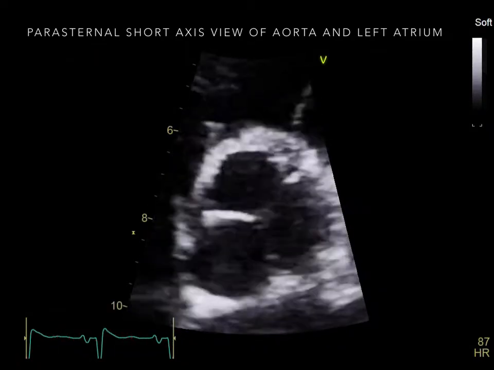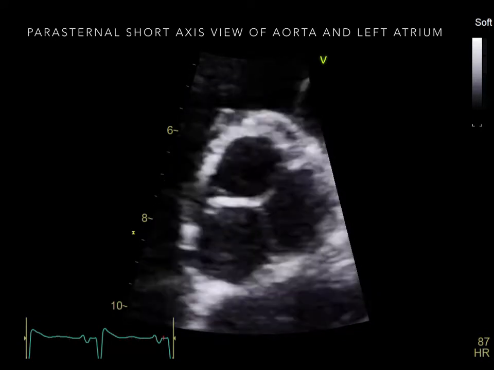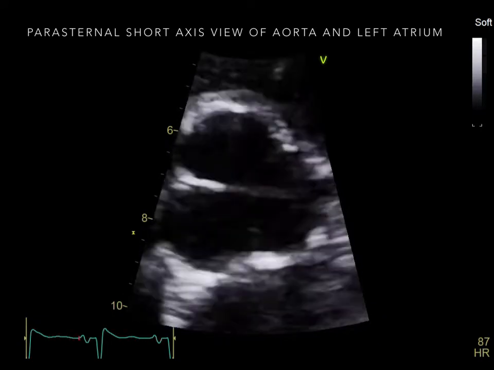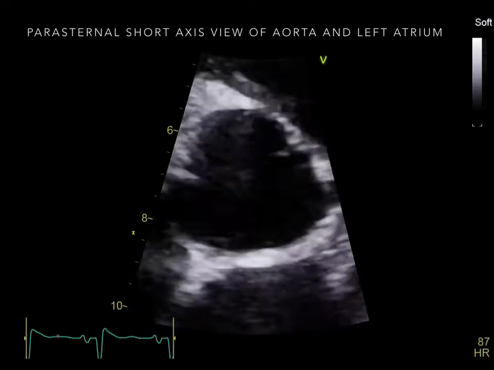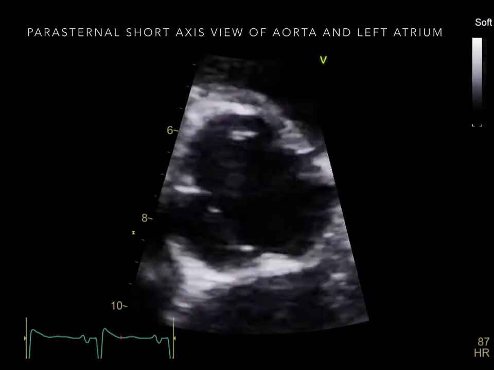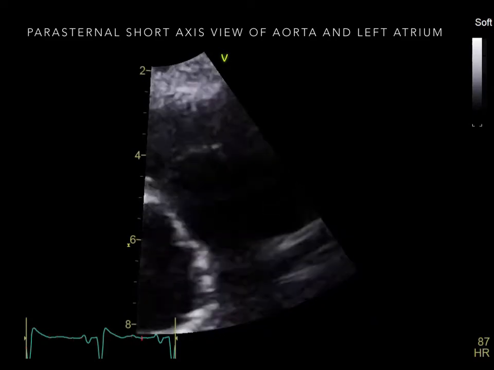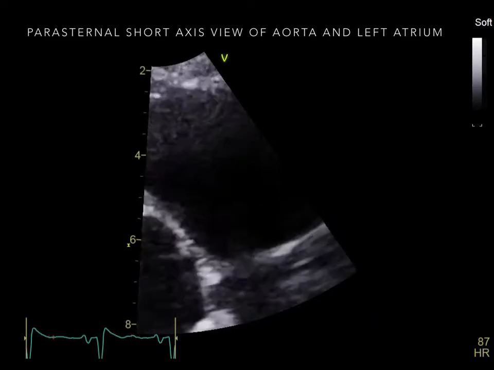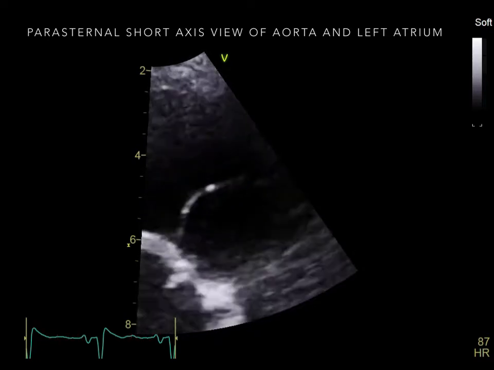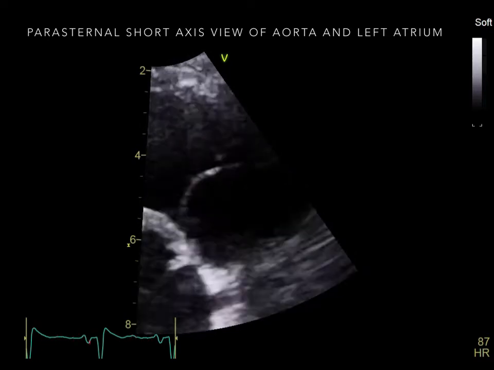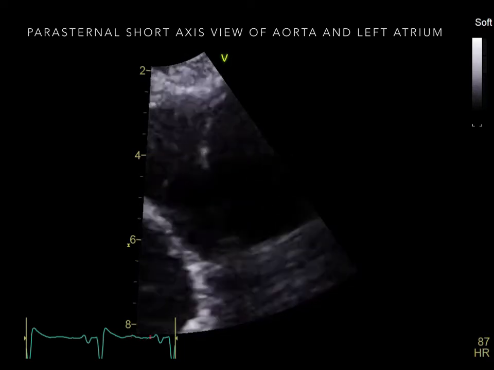On this zoomed-in image of the aortic valve, a Y-shaped pattern is obvious when the valve is closed. If we zoom in on the pulmonary valve, we can observe the pulmonary leaflets snapping open in systole.